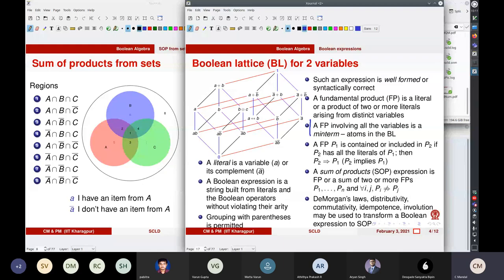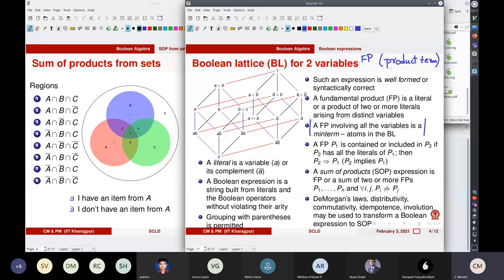A fundamental product, or often we just call it a product. Fundamental product, or for short you can just call it a product. It's often called a product term. People usually don't use the term fundamental product. That's a more formal term.